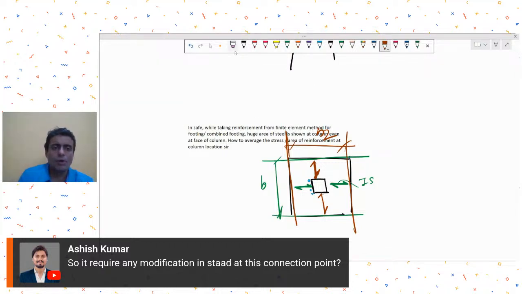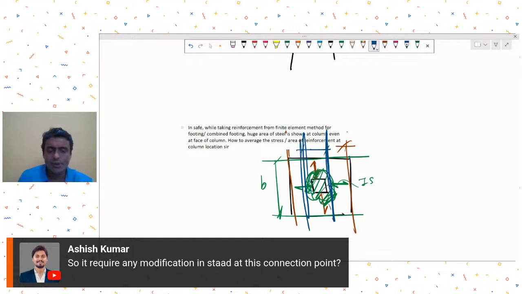Or you can do what? If you are not very happy with this, you can go to IS456. There it says that whatever reinforcement you get, because if you look at the stress contours, it is mainly in this region that you get higher settlements in footings. So your code gives that width where you need to provide more reinforcement.